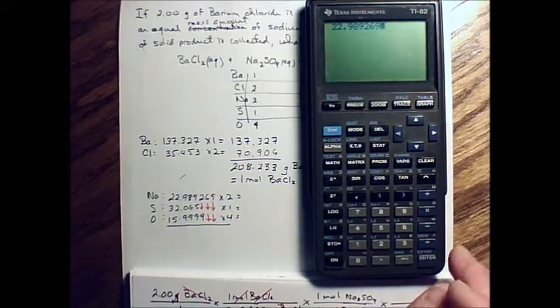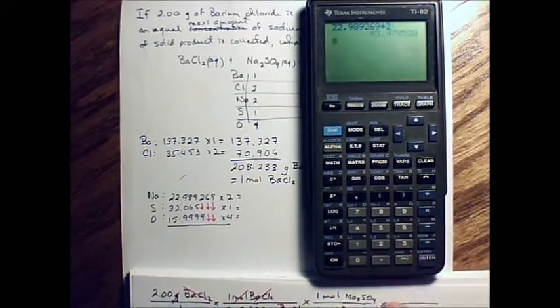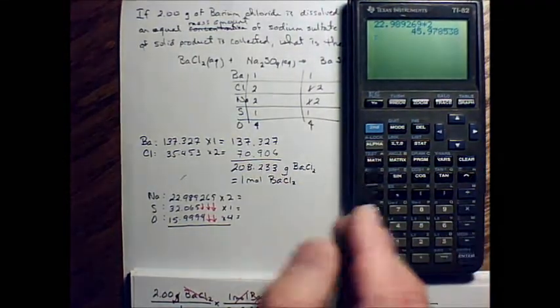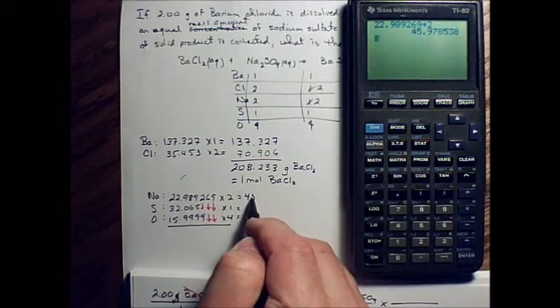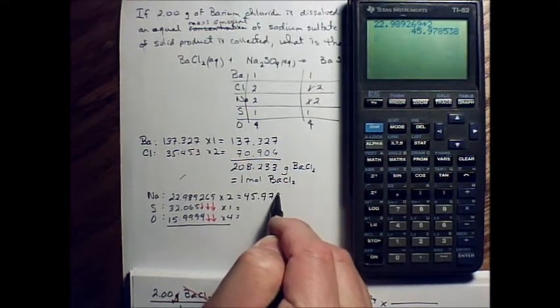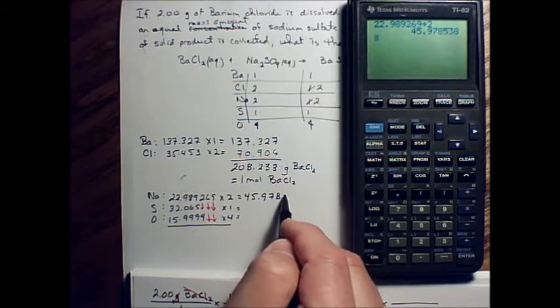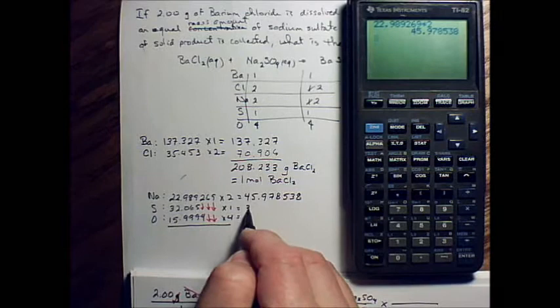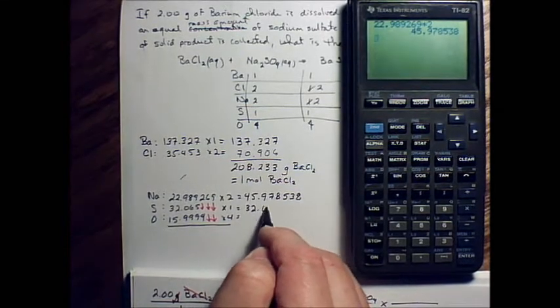22.989769 times 2 is 45.978538. Sulfur is just times 1, so it's the same number.